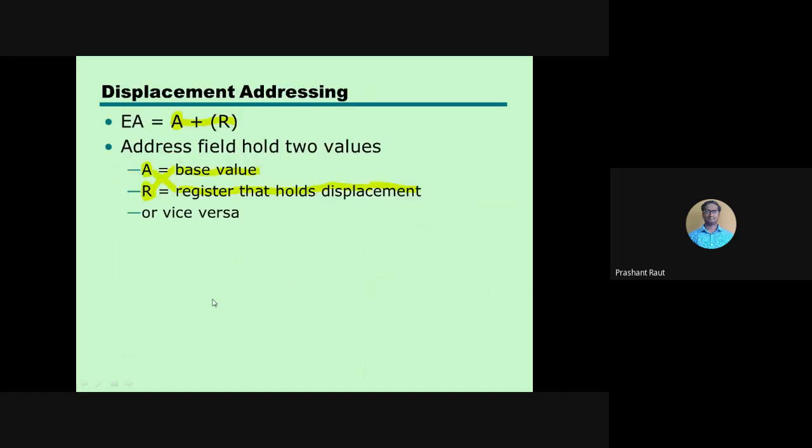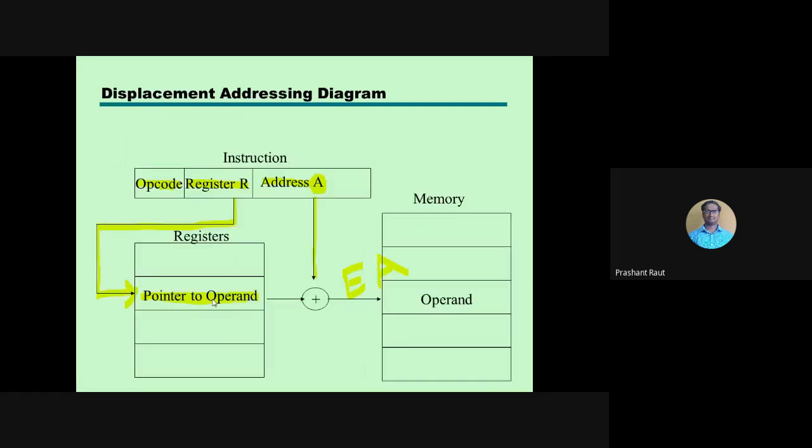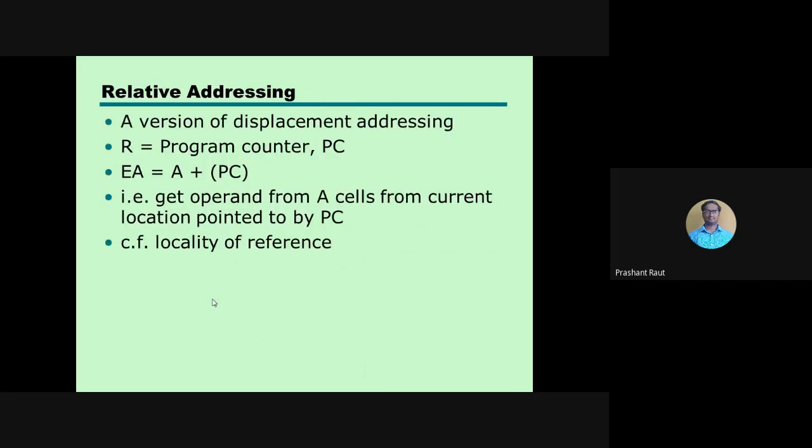Displacement: you have a base address plus some displacement. This is called displacement addressing. You can store the base address either in a register or in an address field, or vice versa.